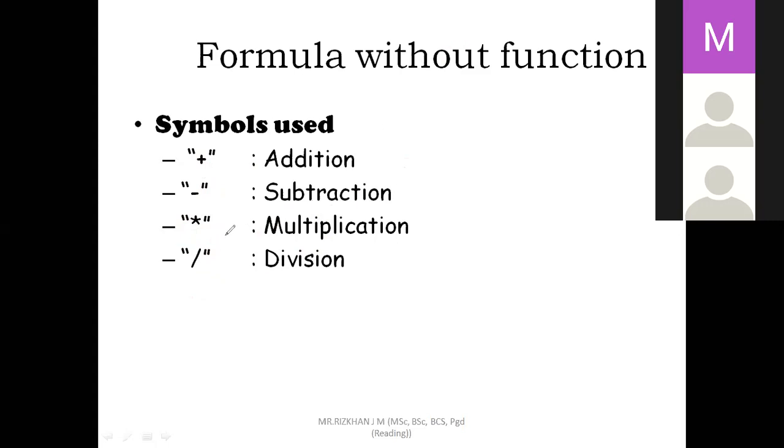I want to tell you, for multiplying we normally use a different symbol in mathematics, but in Excel we are not using that symbol. We are using this asterisk, which is on your keyboard. You can see it on number 8.